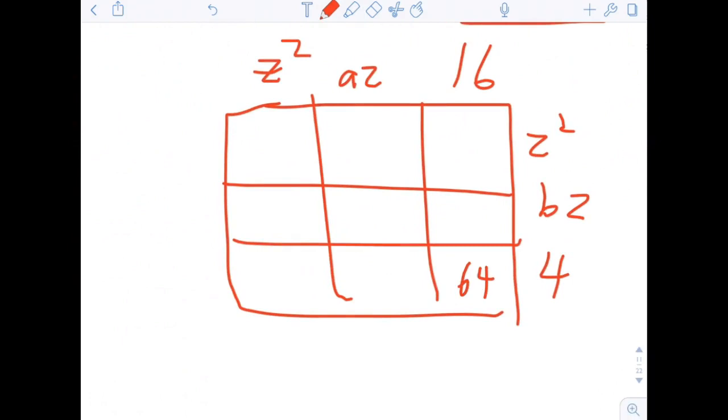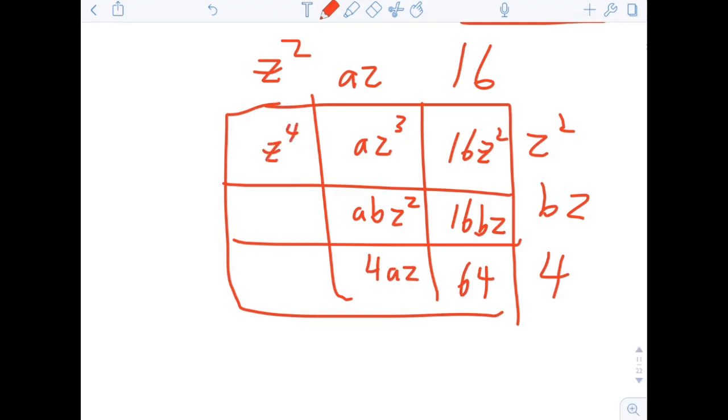So this is 64, this is 16bz, and this is 16z squared. And this is az cubed, this is abz squared, and this is 4az. And this is z to the fourth, and this is bz cubed, and this is 4z squared.